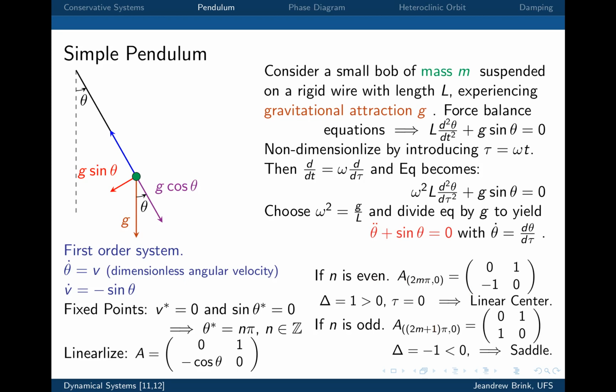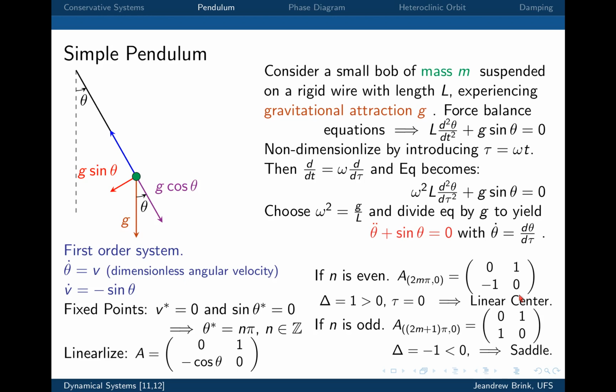Even if it wasn't in this reasonably easy form, if they'd chosen another set of coordinates in which it looked bad, if you still get centers and saddles, then you suspect that there may be a conserved quantity, even though it's not obvious that it's an x double dot equals a function of x thing. Okay, so that's your linear analysis.